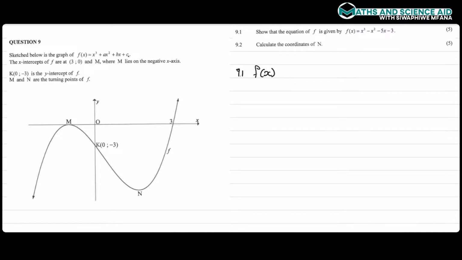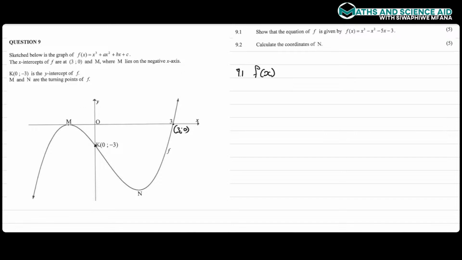But in this case, we do not have enough information to do that because we only have two points. We know the x-intercept, so obviously the coordinates here are 3 and 0, and we also know the y-intercept, that is point K. So we only know two points here, and that is not enough for us to solve this simultaneously.